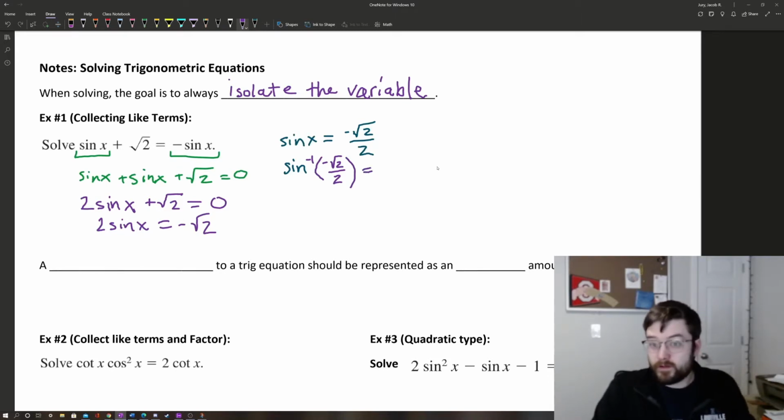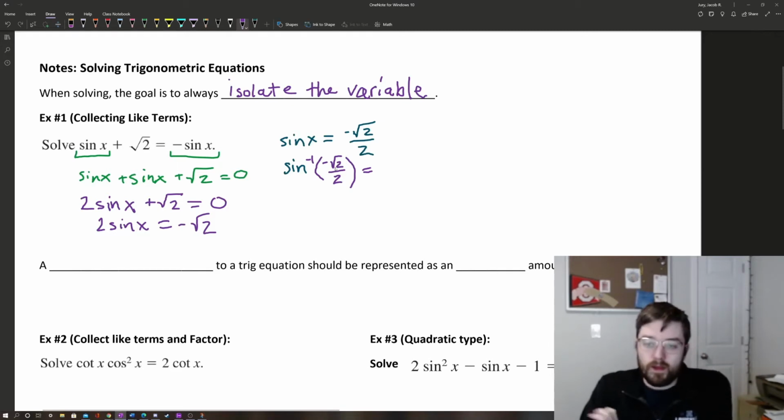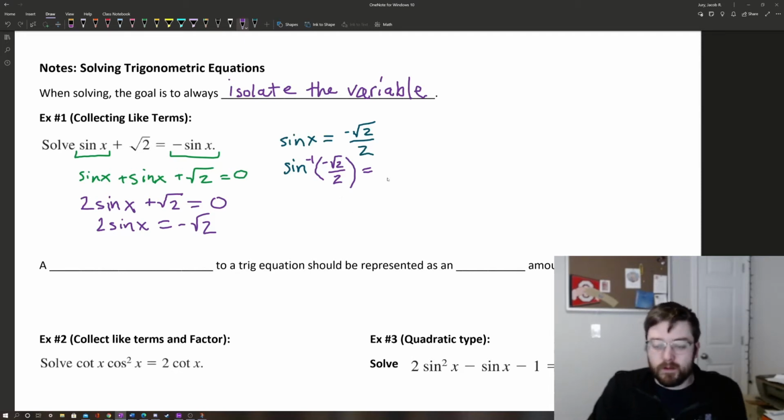If you're not using a calculator, you're using the unit circle, which is my preferred method. It's something you should be comfortable with. So we want to know which angles satisfy this equation. What angle gives us a sine of negative radical 2 over 2?